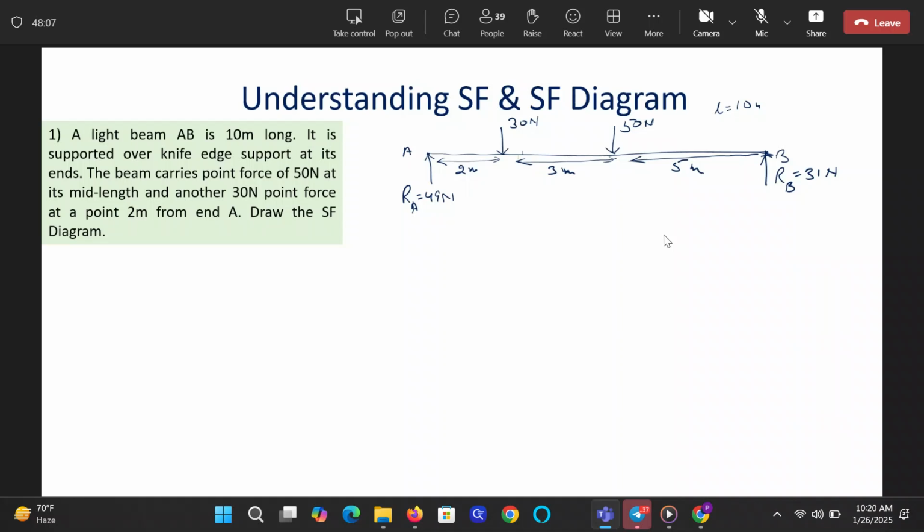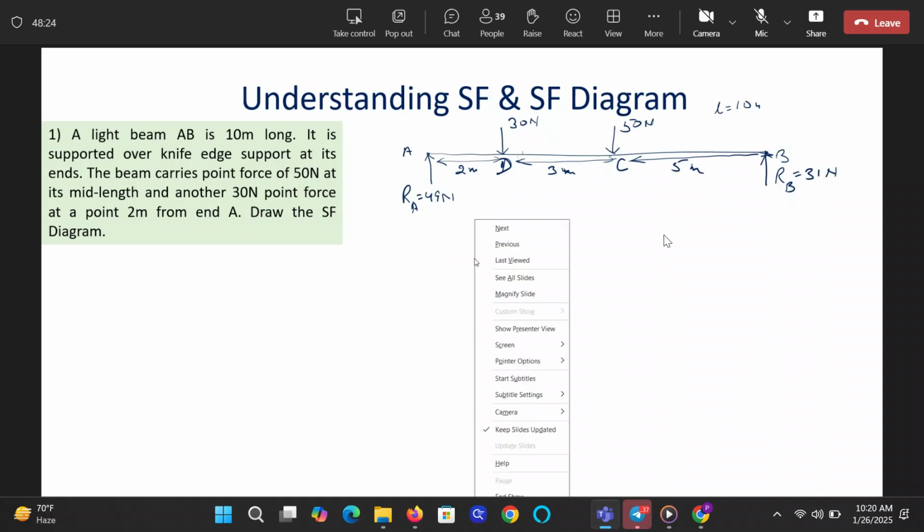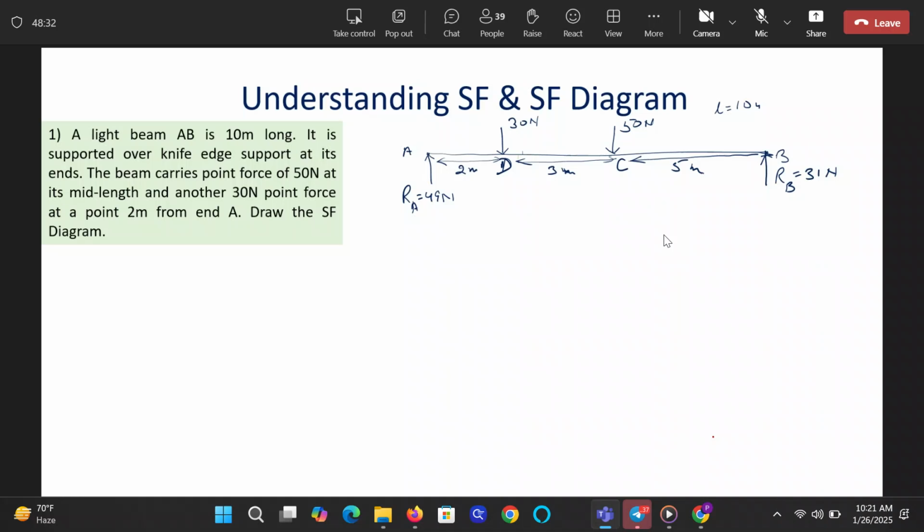Okay. Let me just name these points for the purpose of discussion. You can name them whatever, guys. There's no hard and fast rule for naming them. You can name them X, Y, C, D, whatever you want. Now, guys, take two points along the beam, and tell me where would you like to take the two points between AD, DC, CB.